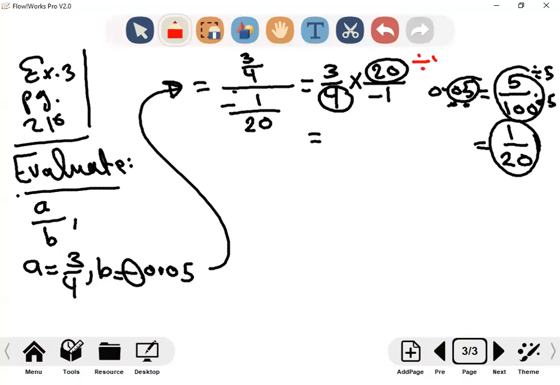Here divided by 4 and here divided by 4 again. This crossing is used only in multiplying and dividing. Don't use it in adding and subtracting. Equal. Now here 3 over 4, right? 3 over 1 multiply 5 over.